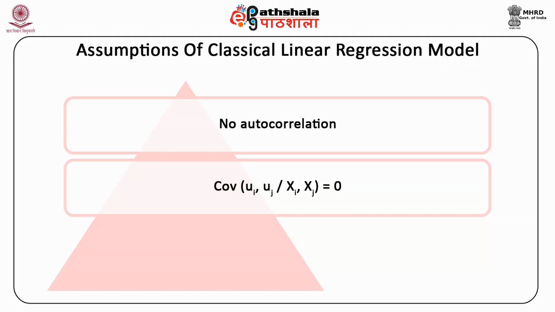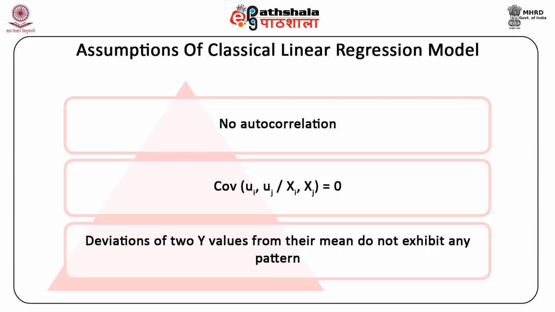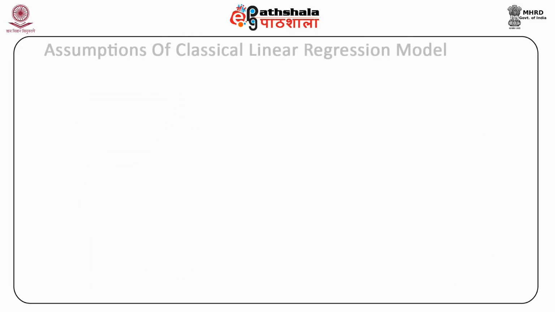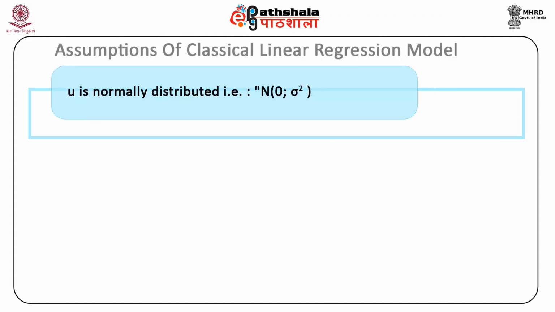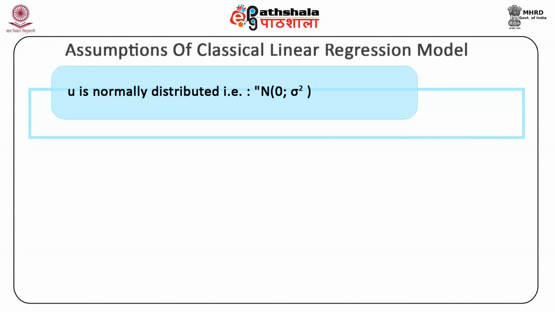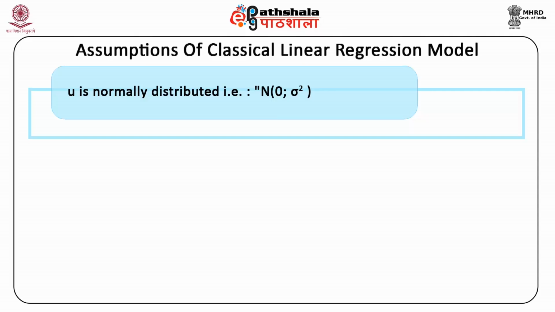Symbolically, covariance of ui and uj given xi and xj is equal to 0. In other words, given xi, the deviation of any two y values from their mean value do not exhibit any particular pattern.